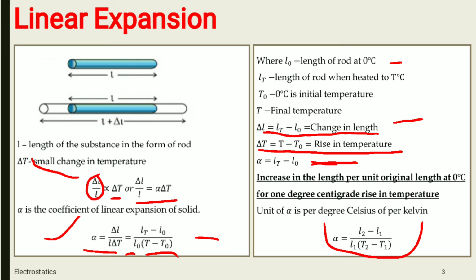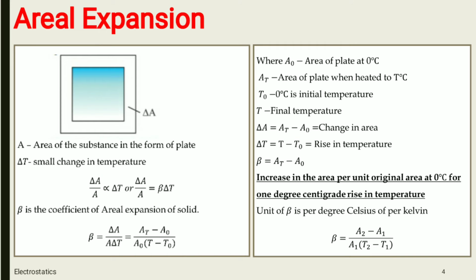Okay, this is all about linear expansion, that is expansion in length of a solid due to thermal energy. And alpha is what? Alpha is the coefficient of linear expansion. Now we are going to study areal expansion. Areal expansion is what?